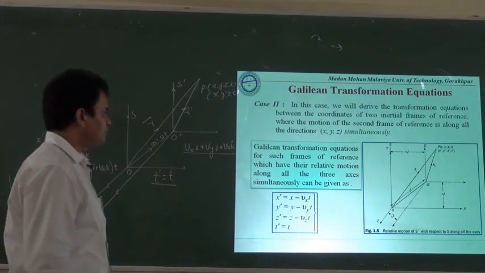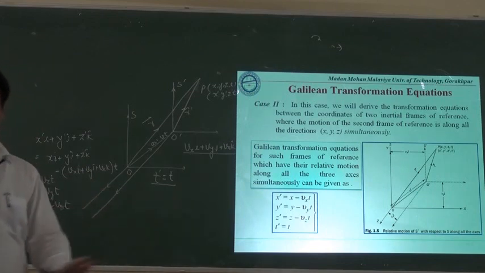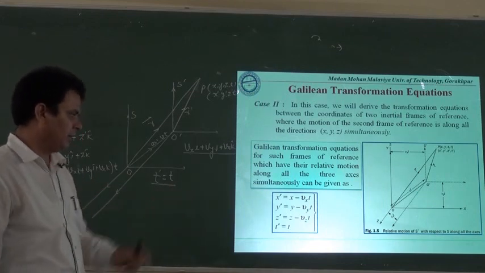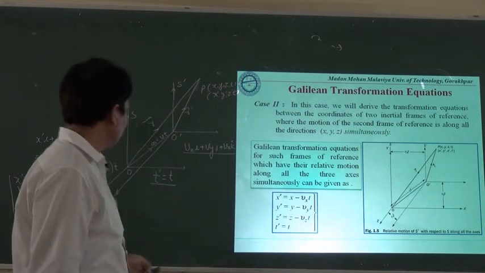This will be the relation. Again, the time coordinate will have no change, that's why T dash is equal to T.